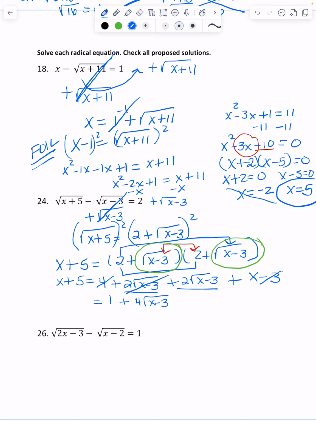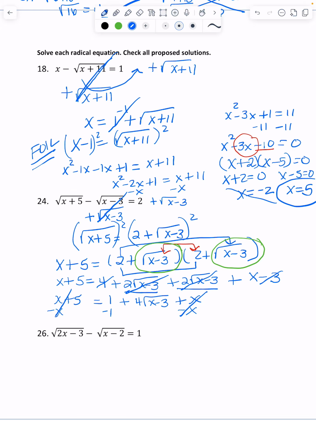So I've added these two together, and I still have a positive x. Well, when I try to move this x to the other side, they're going to cancel out. Remember, if I have the same thing on both sides of the equation, they're going to cancel out.